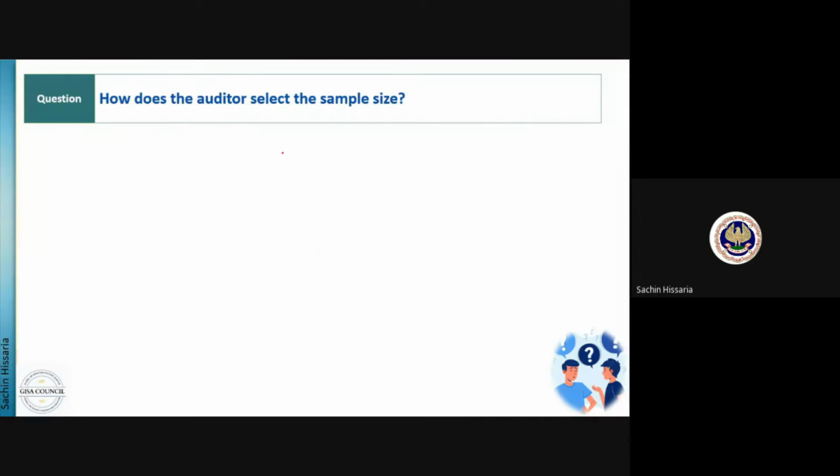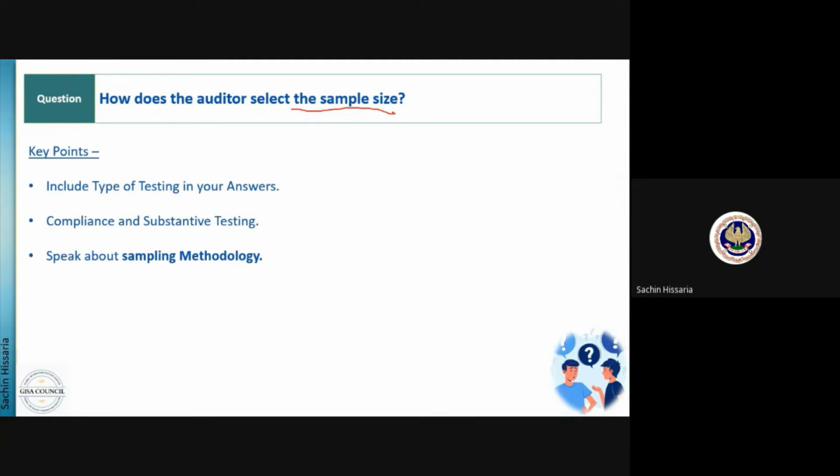Now, while answering this question, you should know what types of sampling are there, what compliance testing is and what substantive testing is, and what sampling methodology you have adopted previously.